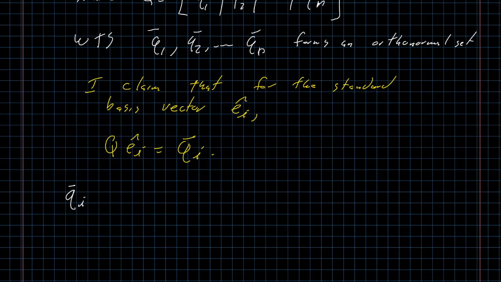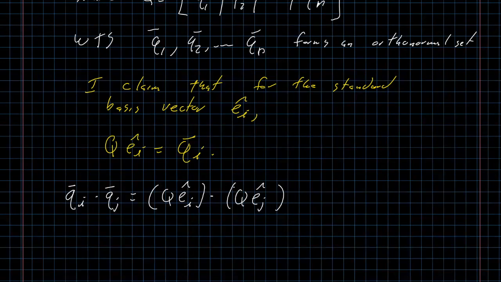But building from that, if I take qi dot qj, I can use this substitution and call it Q times ei dot with Q times ej. And now I assumed that property of Q, Qx dot Qy is equal to x dot y.